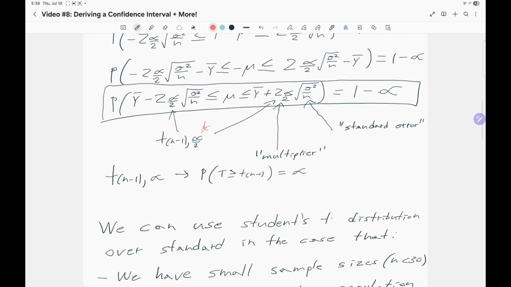I think this is capital T. Correct me if I'm wrong. I think that's the right notation. And I think the term standard error only applies when you're using the sample standard deviation. If you know the population variance, what we have here is not really the standard error; it's more the expected value for the sample standard deviation, if that makes sense.